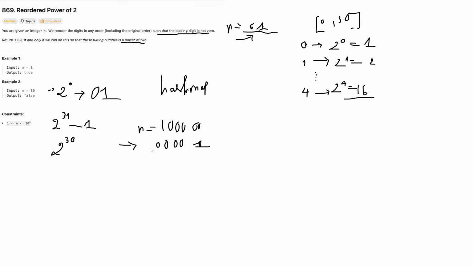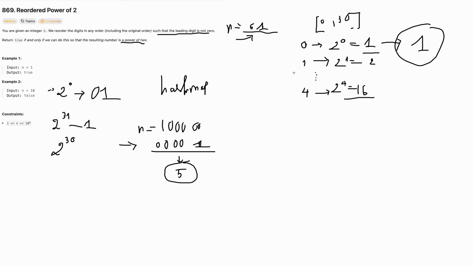However, in this case the number of digits here is 5, while the other has only 1 digit. So by comparing this, we can remove a lot of cases, and it can accelerate our program a lot.